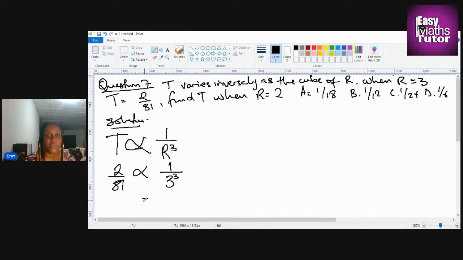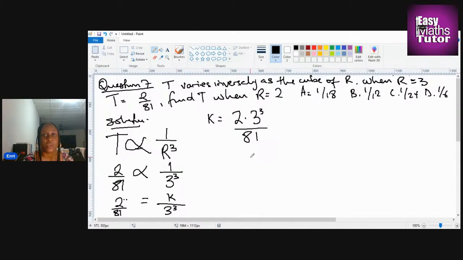So converting this to equality, we have 2 over 81 equals k all over 3 cubed. So making k subject of the formula means we're going to move 3 raised to power 3 to the numerator of the other side, since it's at the denominator. So we will have 2 times 3 raised to power 3 all over 81, or we'll multiply both sides by 3 raised to power 3.